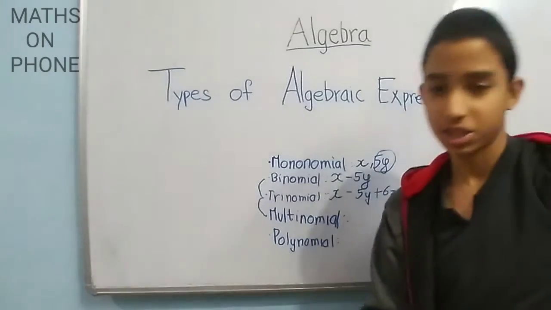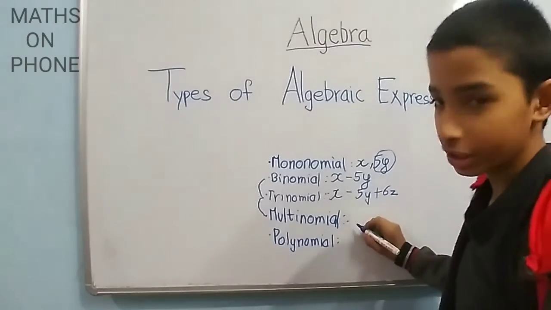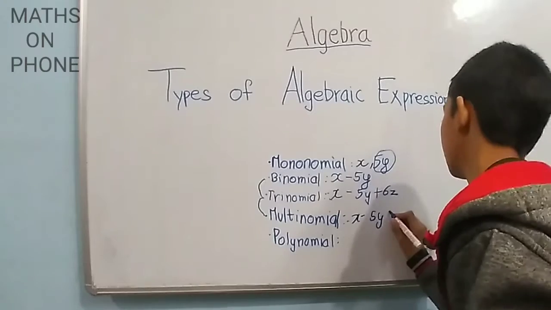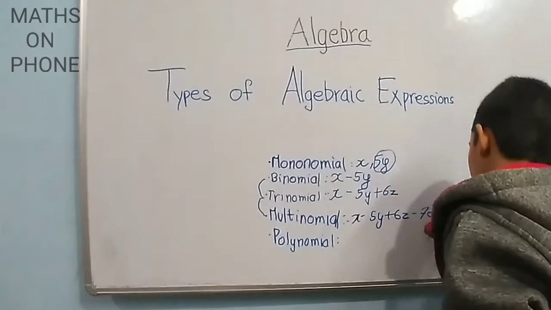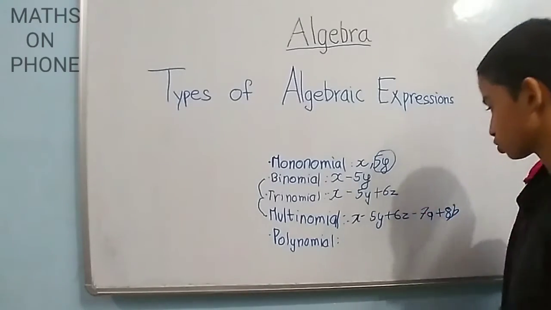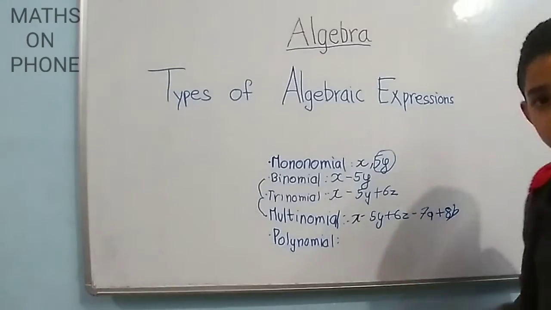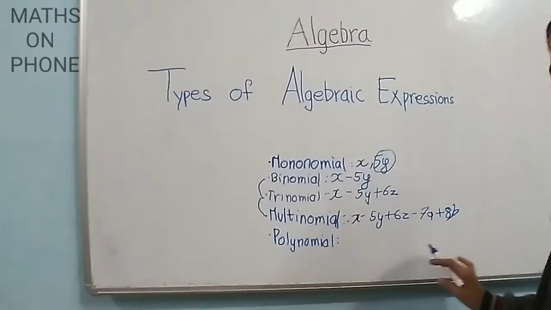It will go to an extent that is limitless. So we'll take an example as x minus 5y plus 6z minus 7a plus 8b. You can also keep the example as only 4, but you can keep it more than 5 also. I have kept only 5.